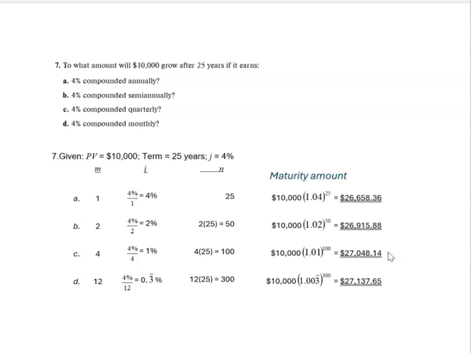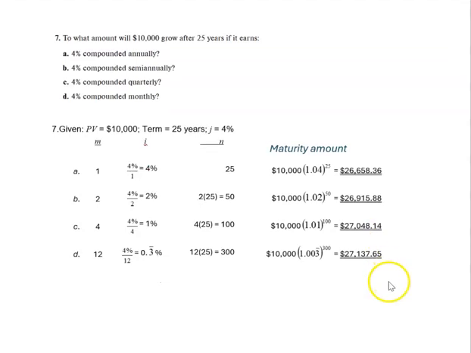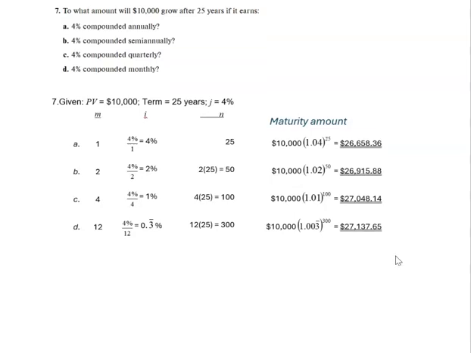So for the same period of time, 25 years, you're going to have $27,048.14. And if it's being compounded monthly for 25 years, you're going to have $27,137.65.